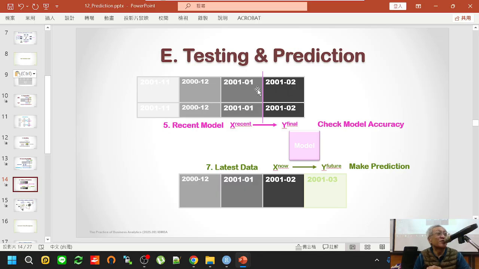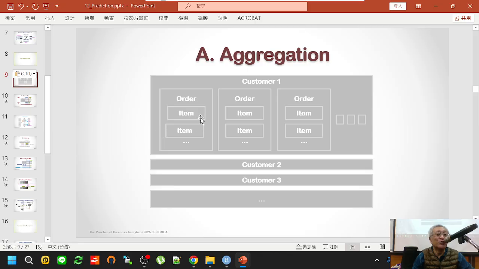In the midterm, when we did the exploration, we aggregated the data. The raw data is such that every record is actually an item, and we aggregate the items into transactions, into orders.